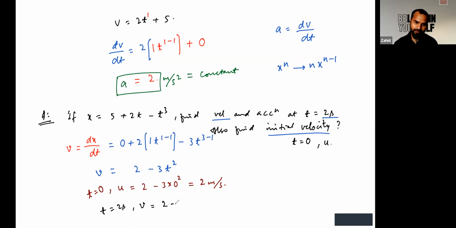We have 2 minus 3 times t, which is 2 squared. So it will be 2 minus 3 times the square of 2, which is 4. 4 threes are 12. It will be 2 minus 12, which is minus 10 meter per second.